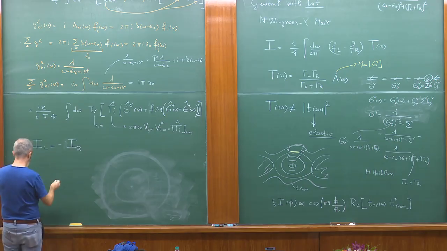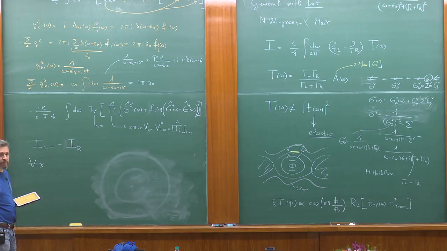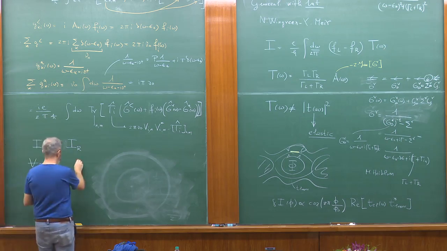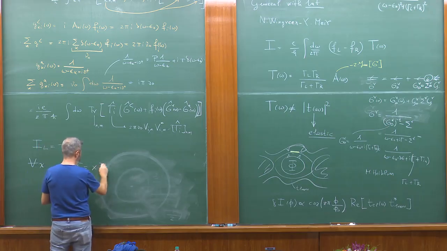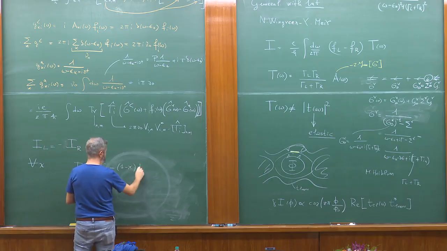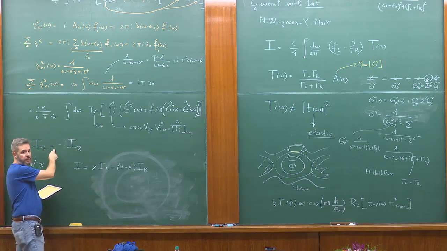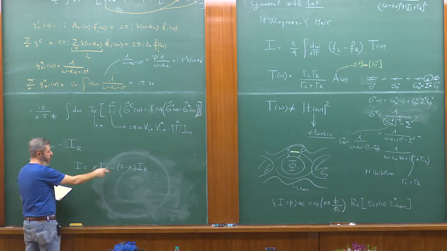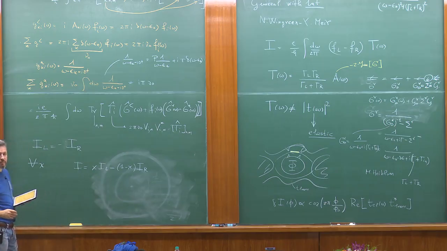Now, if this is true, then it is also true that, x being a real parameter, the current I is equal to x times I left minus 1 minus x times I right. So you see, if you use this identity, this is always equal, for each x, to the current, this weighted average. Okay?